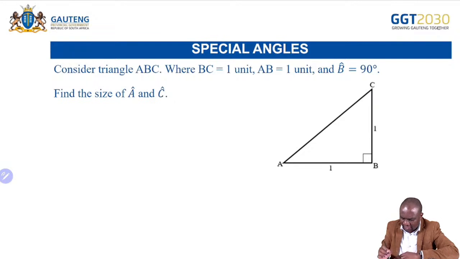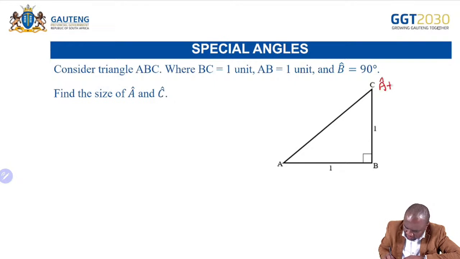Okay, right, let me write here because the method that I have here is like a shortcut thing. Let me explain step by step. So if we say angle A plus angle B plus angle C, what do we get? Interior angles of a triangle add up to 180 degrees.